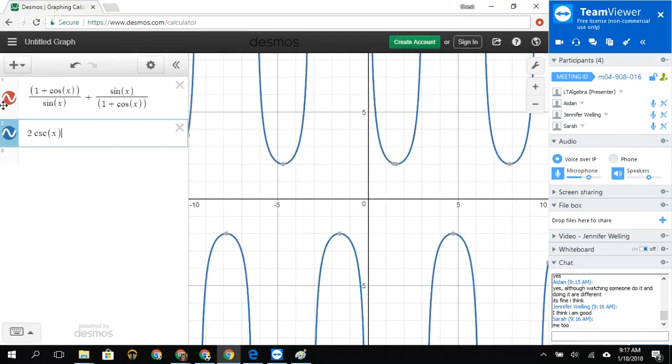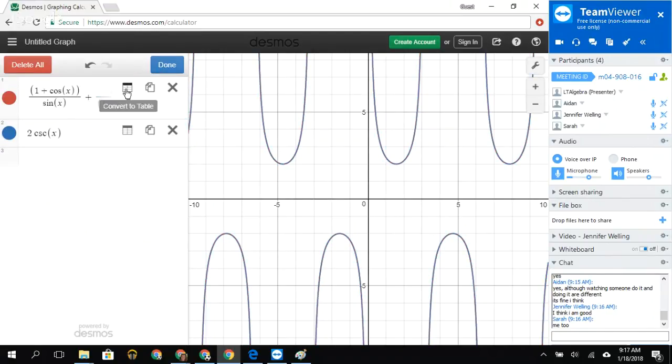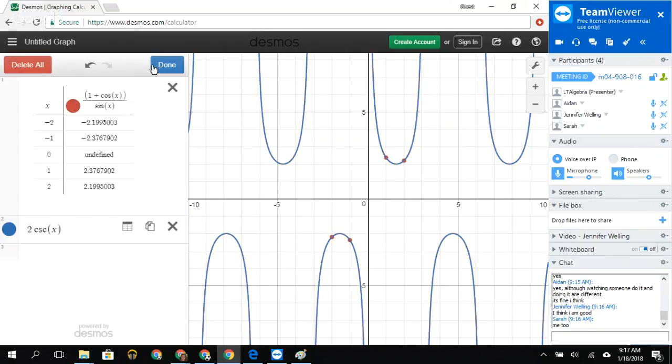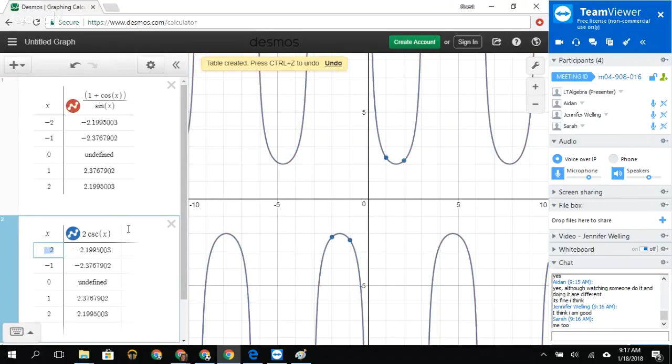You could see when I was typing it in that these 2 graphs overlay each other, so you know that they're the same. But if you wanted to use a table function, you're just going to convert each side of your equation to a table. There we go. So you can see that the values are consistent. Either way, table or graph, that all works.